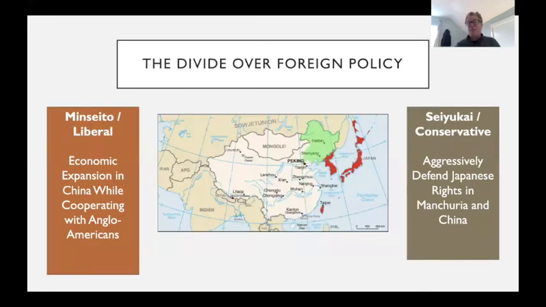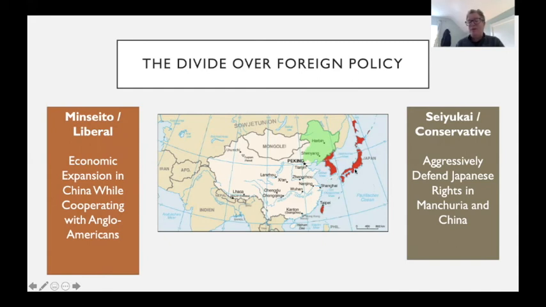The first was over what to do about Japan's foreign policy. By this time, the 1920s, Japan has already fought two imperial wars. First, they defeat China and they gain the colony of Taiwan. Then they defeat the Russians in the Russo-Japanese War, and they gain the colony of Korea.